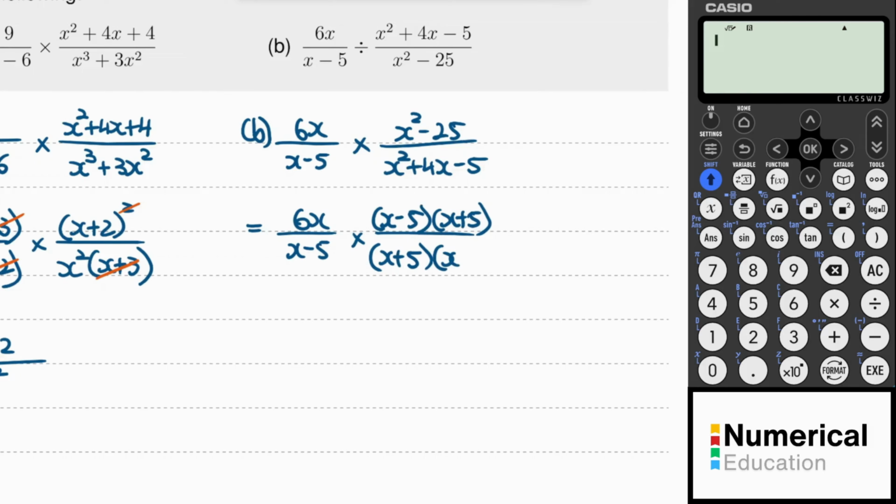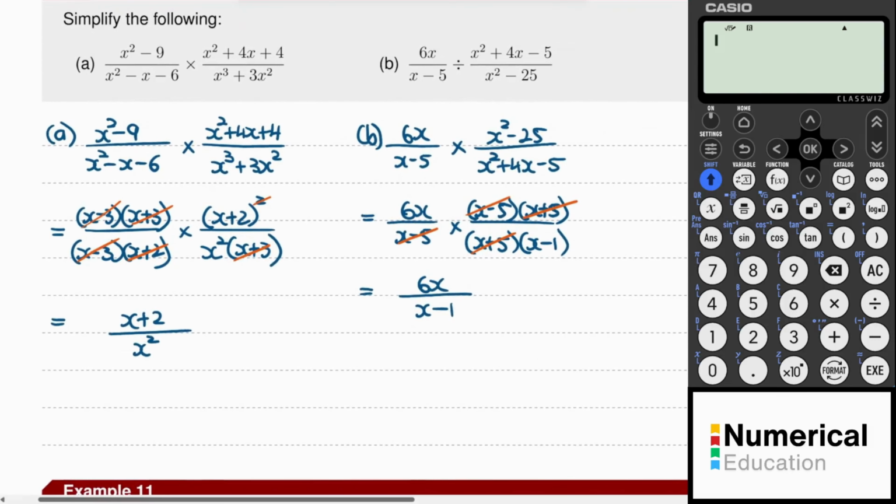So my apologies, it'll be x plus 5, x minus 1. That looks a little bit better. Okay, now we're going to start crossing things out, get the orange pen out. So we've got an x minus 5 that will cancel each other out. The x plus 5 will cancel each other out. I can see what my answer is. So let's go ahead and write that down, right? So we're going to have a 6x all over an x minus 1.